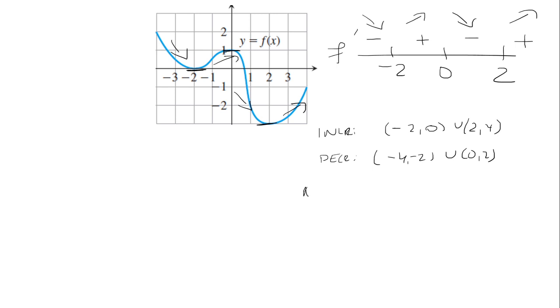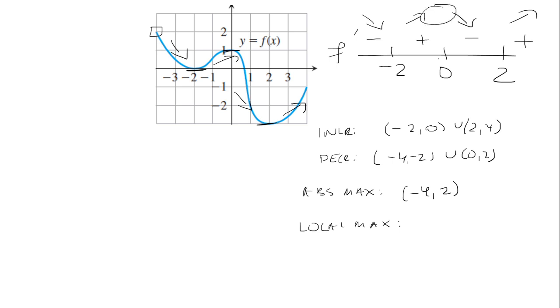Let's look at the absolute maximum. We're looking at the highest y value, which happens to be over here. So that's at -4, 2. For the local maximum, we're interested in where it changes from increasing to decreasing.